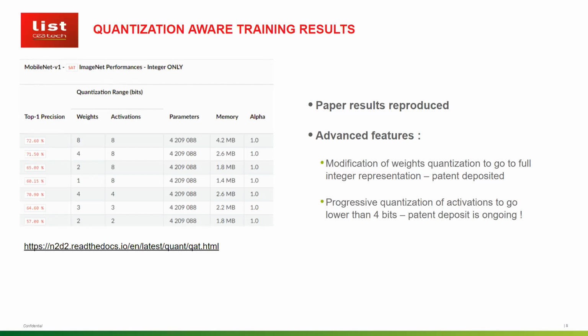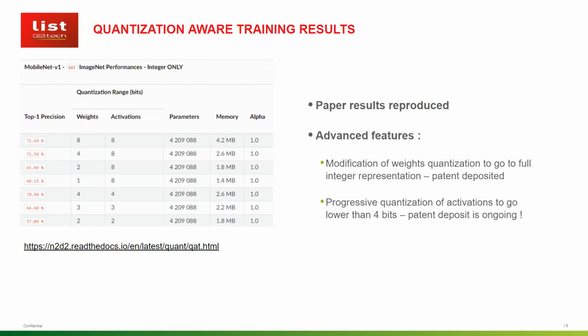And here, if you see the first line, the usual performance of MobileNet version 1 is about 70 to 73% in full precision. And for 8-bit weights and activations, we actually get the same result. And if you look at the precision for 4 bits, you can see that we lose about 1.5%, but we quantize to 4 bits for weights and activations.